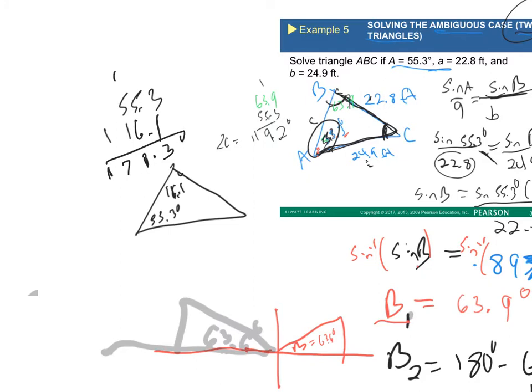Well, that's also true. That leaves a very small angle here. Angle C would now be 180 minus 171.4, which would be 8.6. Both legal triangles.